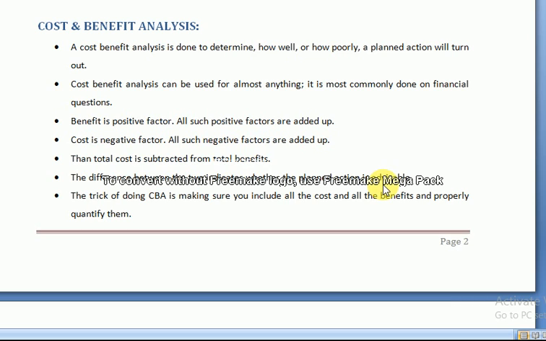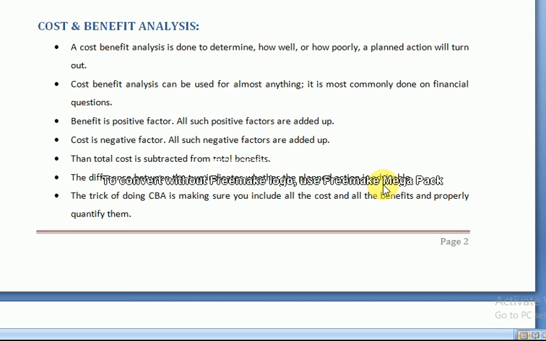It means that from the sum of all the benefits, we subtract the sum of the costs. If the result is positive, we will accept the project, and if the result is negative, we will reject the project. Mostly, if the benefits are 40% or 50% more than the cost, then such projects will be acceptable.